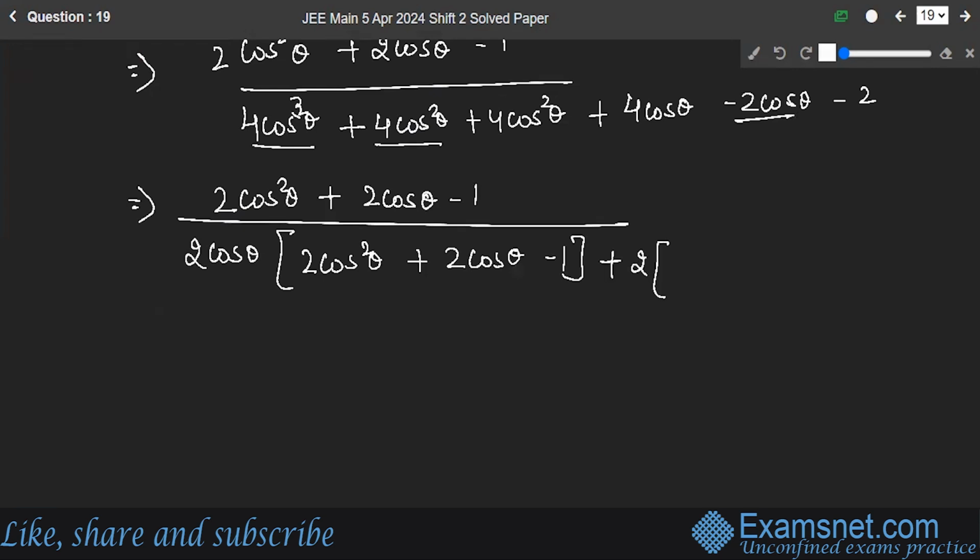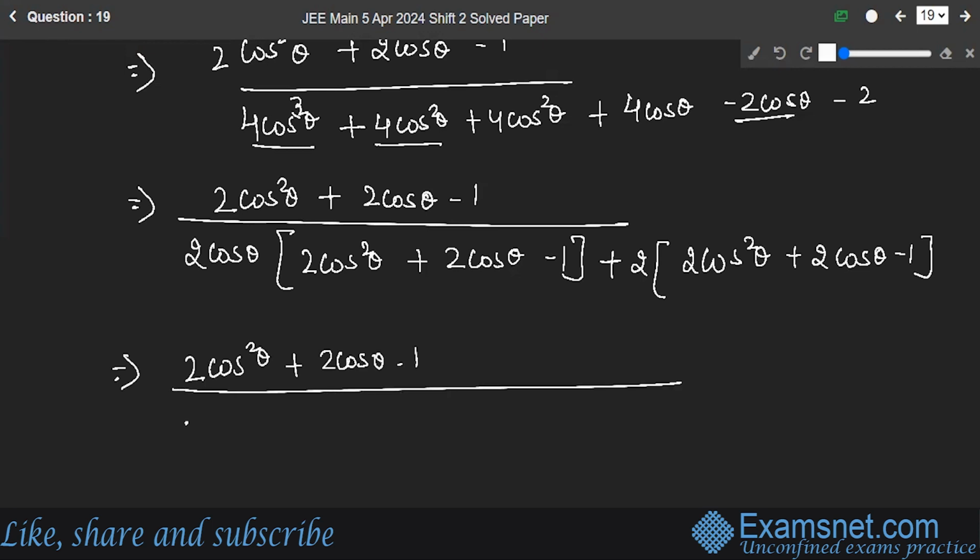So this will be 2 cos square theta plus 2 cos theta minus 1 divided by 2 cos theta, no, this will be plus 2, and 2 cos square theta plus 2 cos theta minus 1.